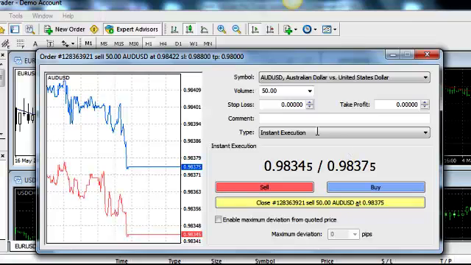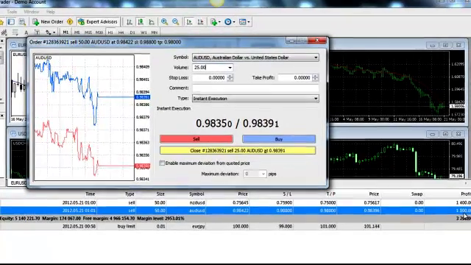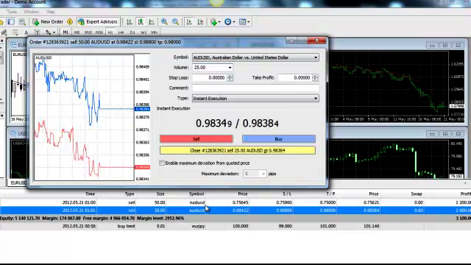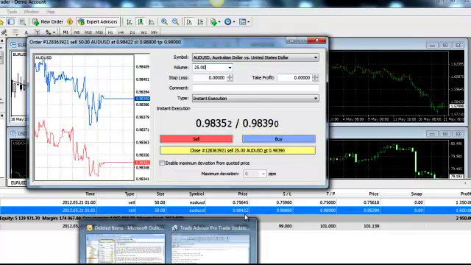All right, so we're going to change this to 25, and if I click close, it'll close out 25 of the lots and keep 25 of them active. But here's one thing we want to do too. Right now we have a stop loss at 98.80. We want to move our stop to break even or our open price on the remainder of the trade, just like it said in the email.